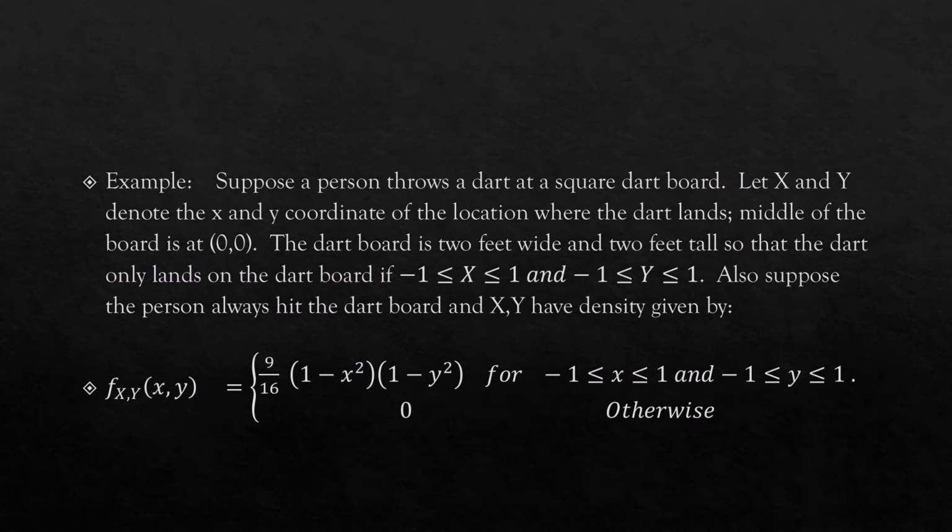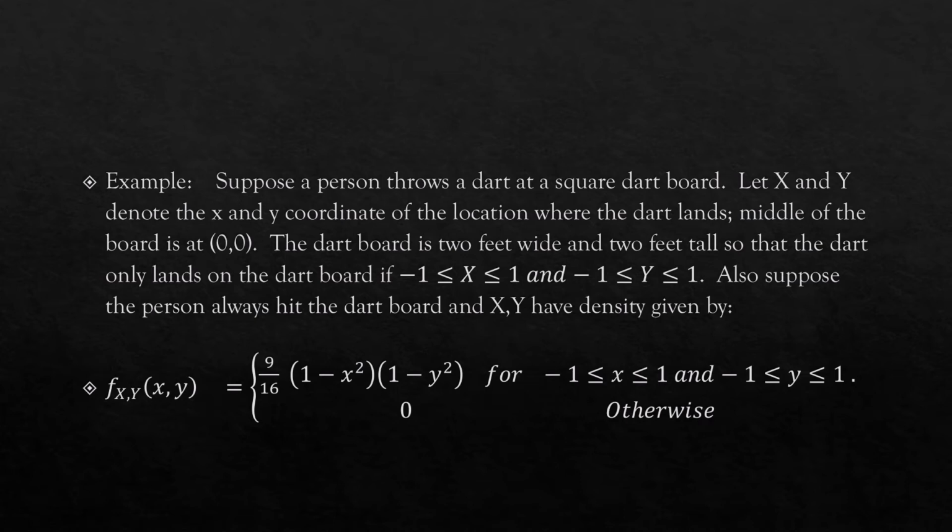Suppose a person throws a dart at a square dartboard, and x and y denote the x and y coordinates of the location where the dart lands, and the middle of the board is (0, 0), which is the origin of reference. The dartboard is 2 feet wide and 2 feet tall, so the dart only lands on the dartboard in this range: -1 to +1 for x and -1 to +1 for y.